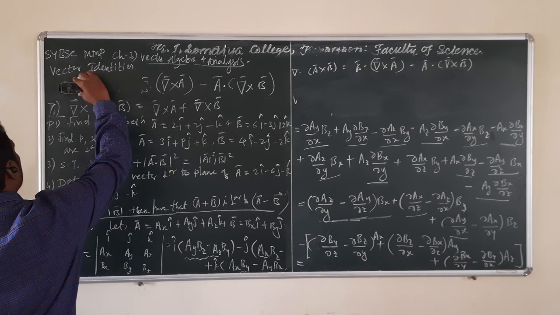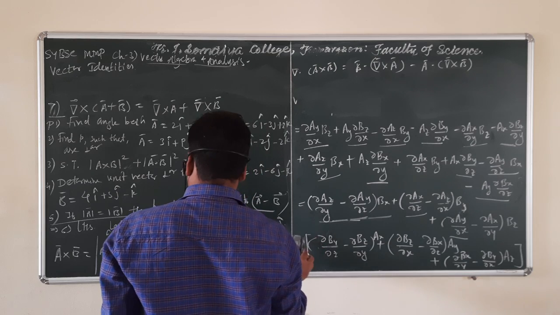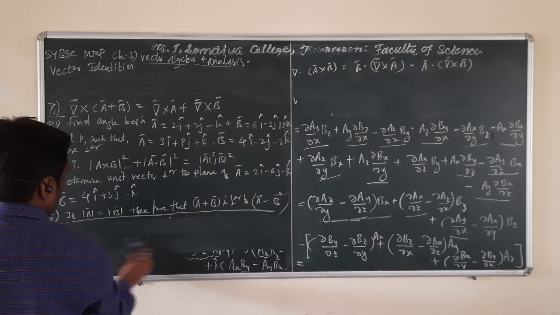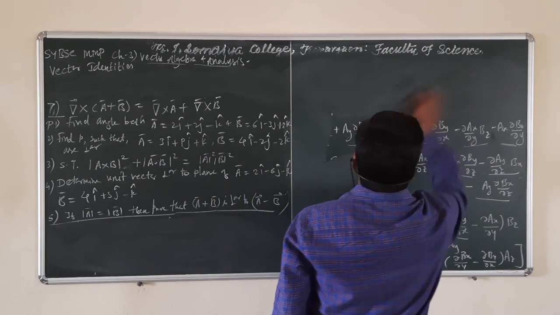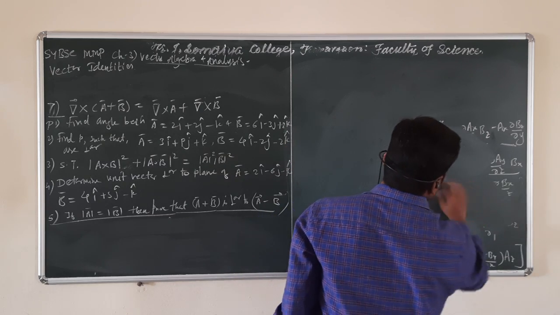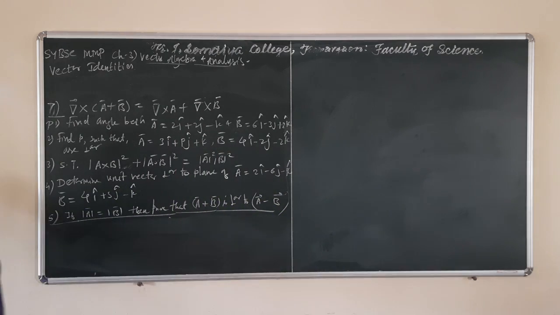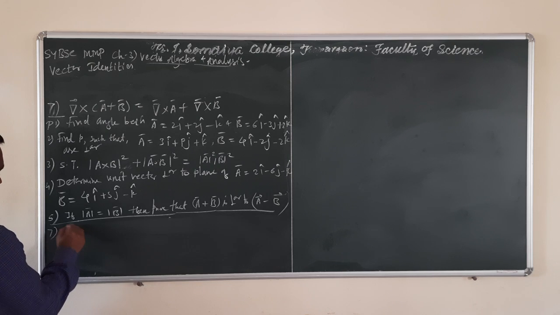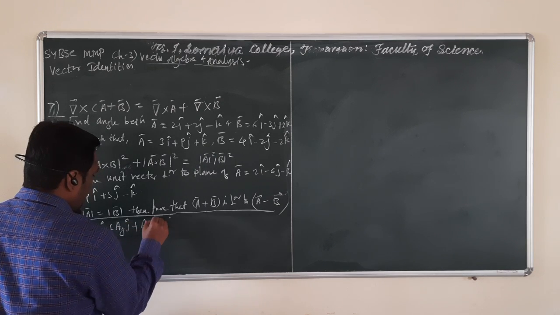Now we are proving identity number 7. Vector identity number 7 is del cross of vector A plus B is equal to del cross A plus del cross B. So again, here vector A is Ax i cap, Ay j cap, and Az k cap.